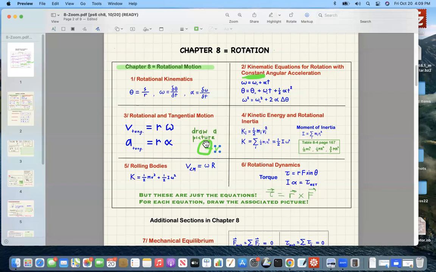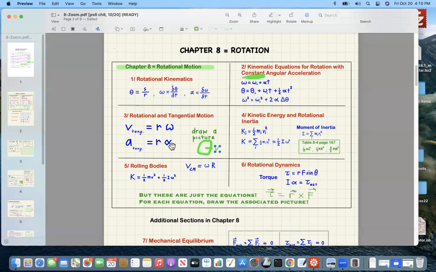Then for that point on the circle, there's a tangential velocity, which is the velocity vector, not angular velocity, but linear velocity, tangent to the circle. And that's r times the angular velocity. And there's a tangential acceleration, which is r times alpha.